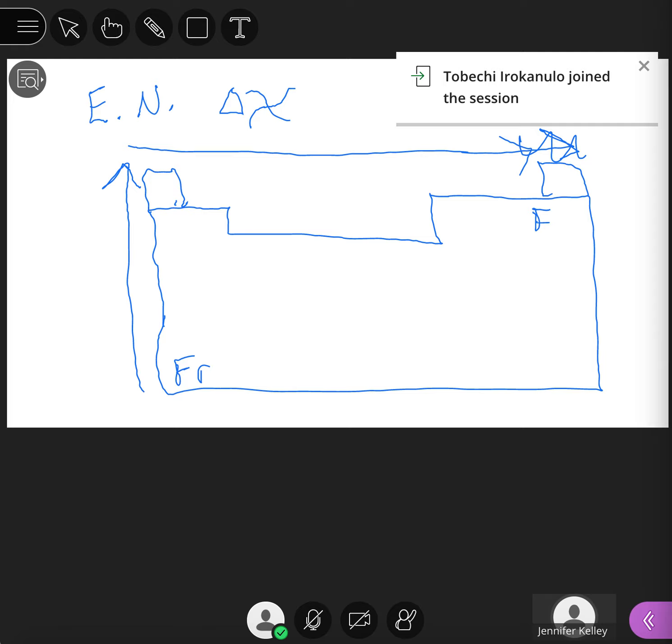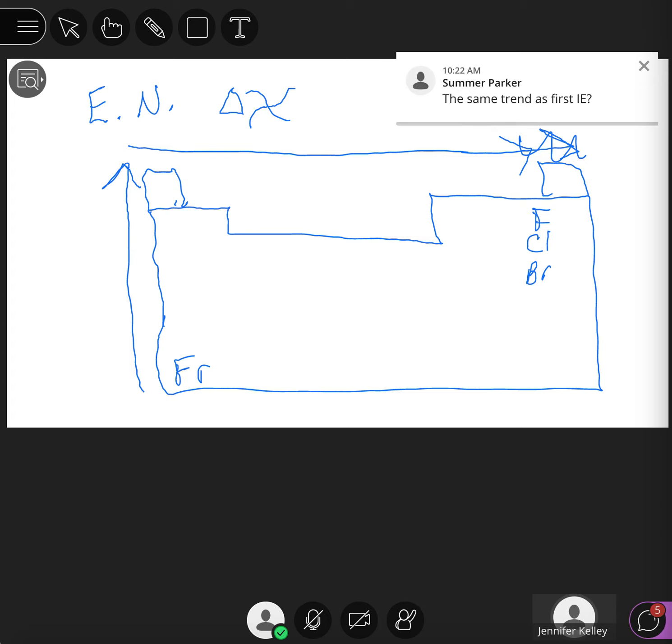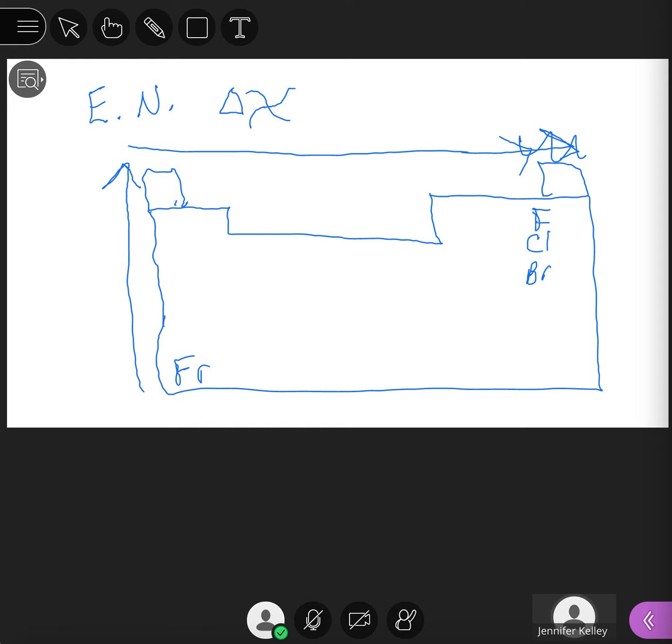Or if you did fluorine, chlorine, and bromine, it'd be fluorine, chlorine, and then bromine, because as you go down a column, it gets less electronegative, and as you go to the left, it gets less electronegative.